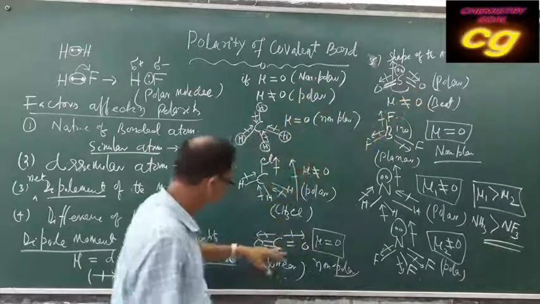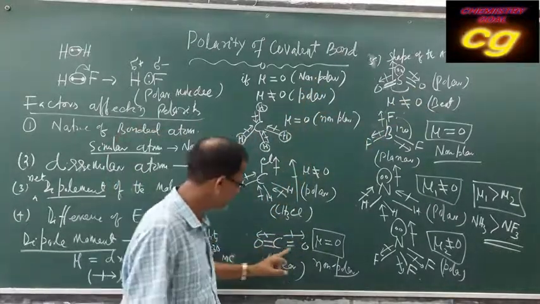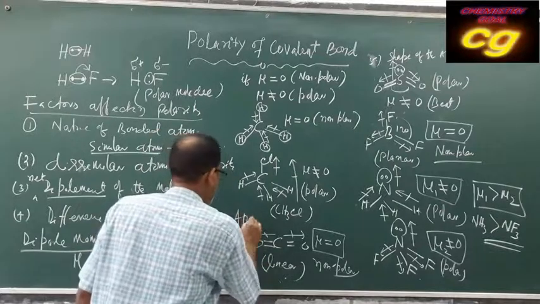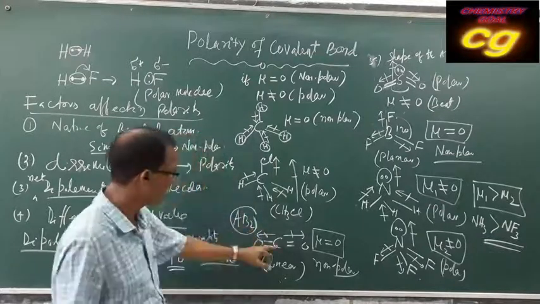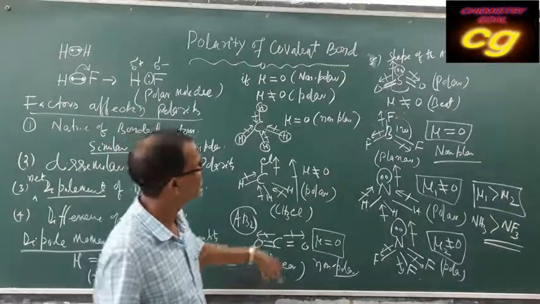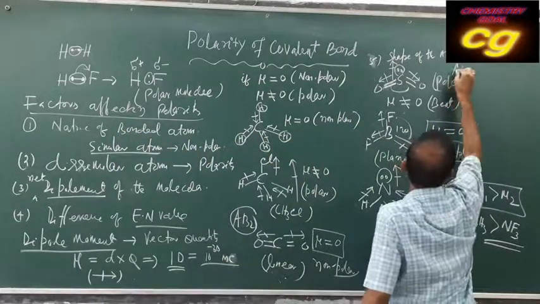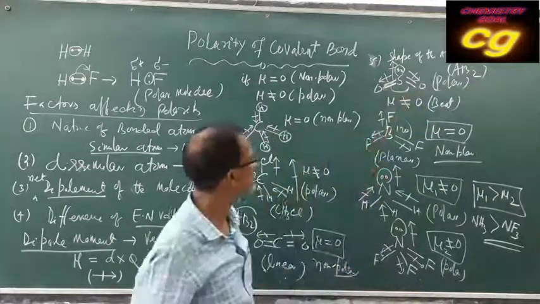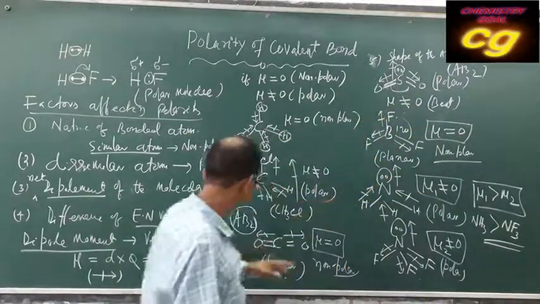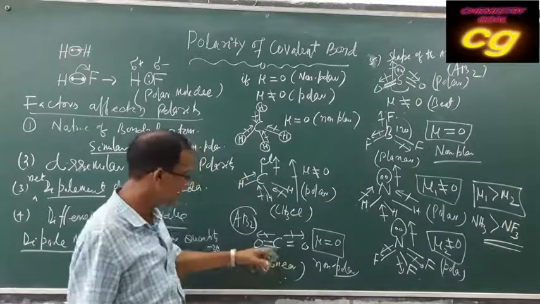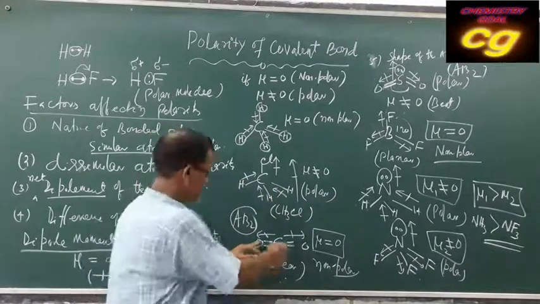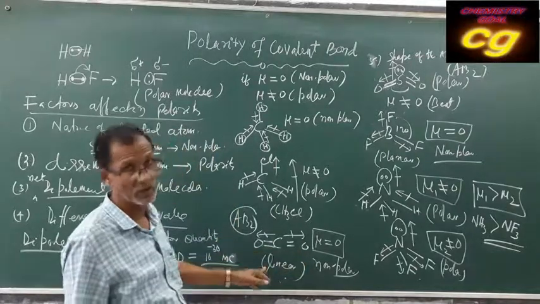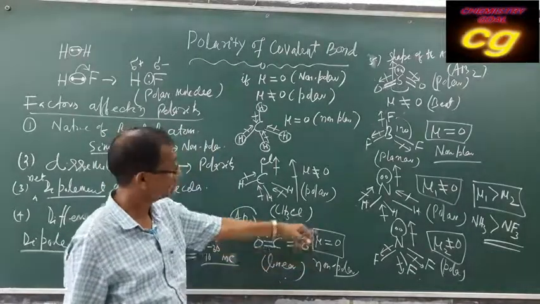For example, CO2 is an AB2 type, but linear in shape. As it is linear with equal bonds, the resultant dipole moment will be 0.